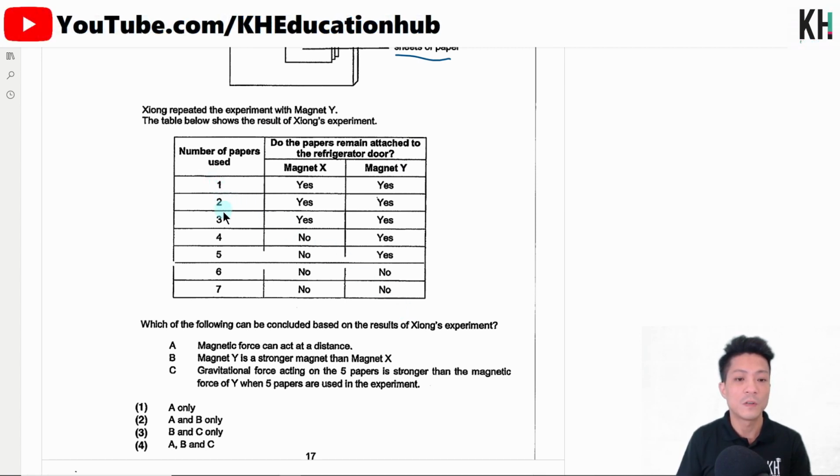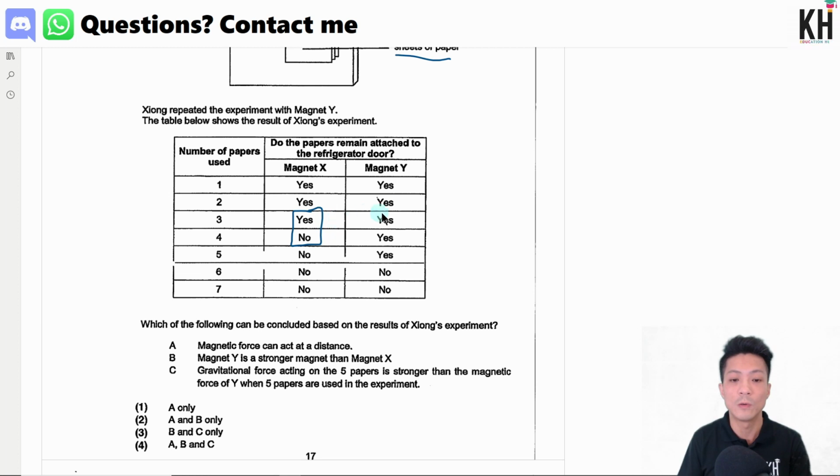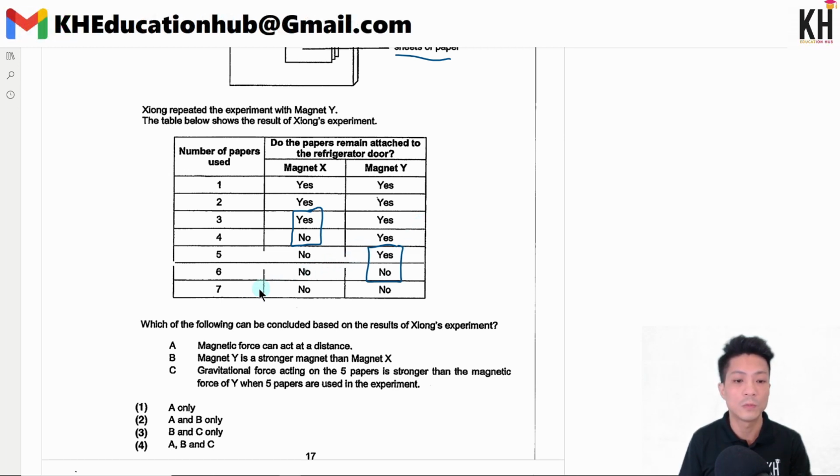Okay, so as the number of papers increases for magnet X, this is the point where magnet X could no longer hold on to the pieces of paper, and this is the point where magnet Y could not hold on to the pieces of paper. Which of the following can be concluded based on the results of Xiong's experiment?